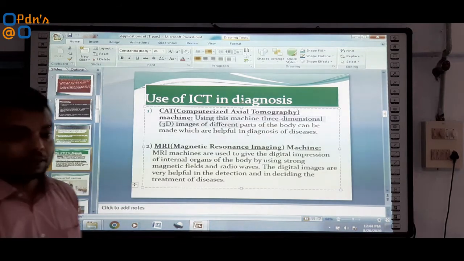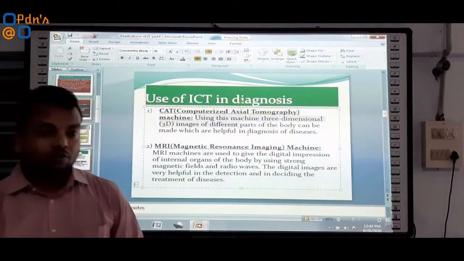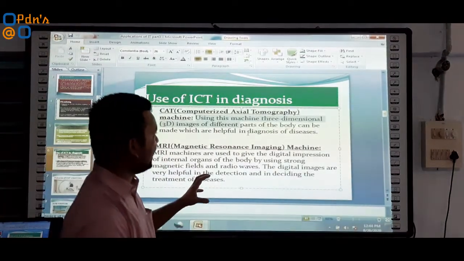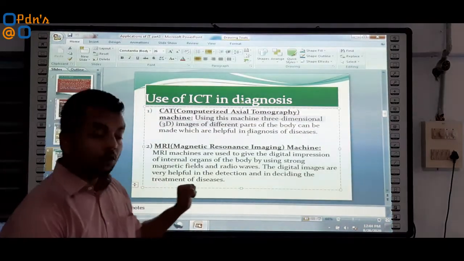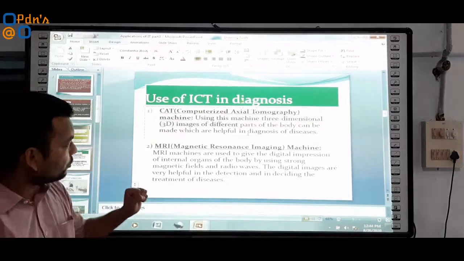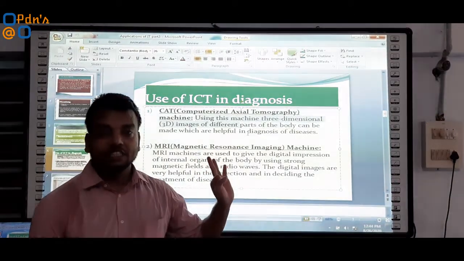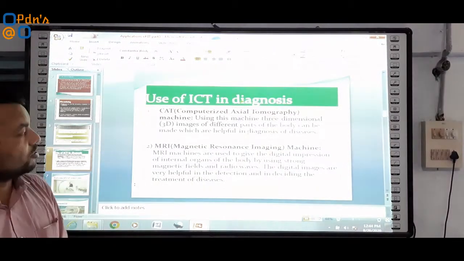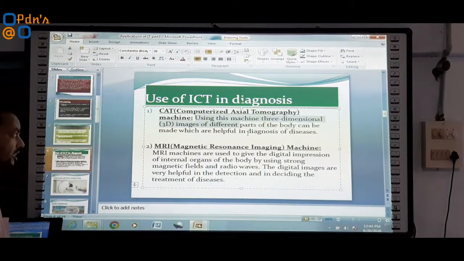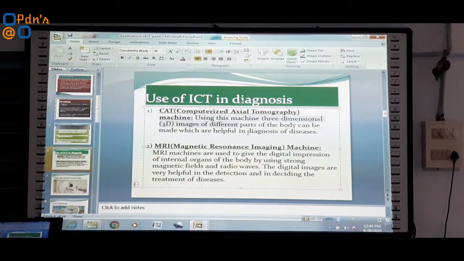So the main purpose of the CAT machine is to produce a 3D image of different body parts, which will be useful in the diagnosis of certain kinds of disease.